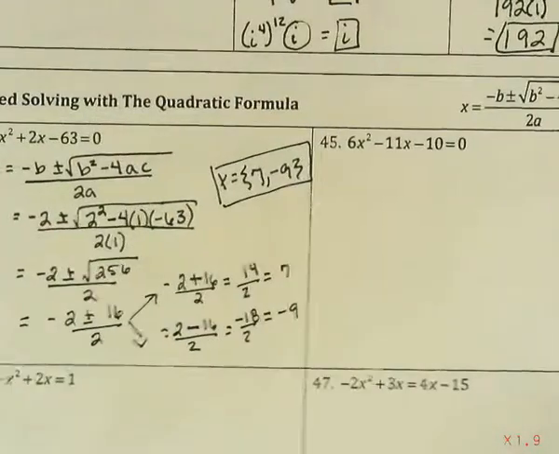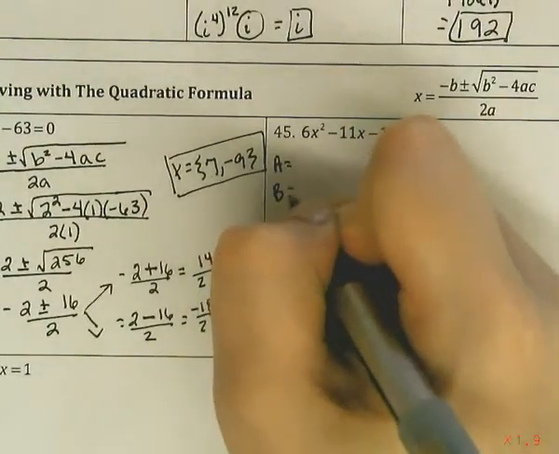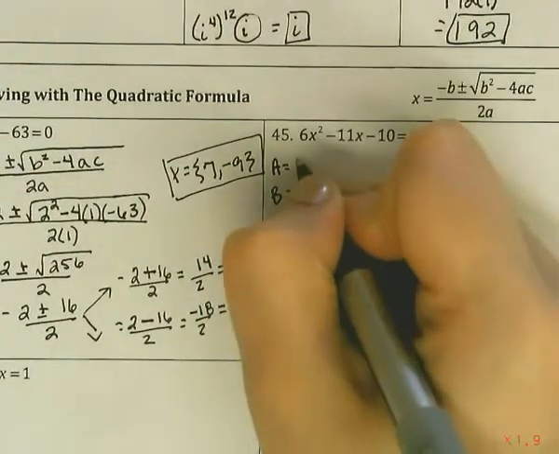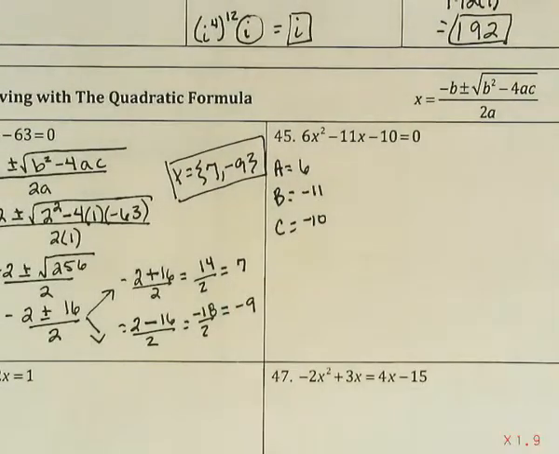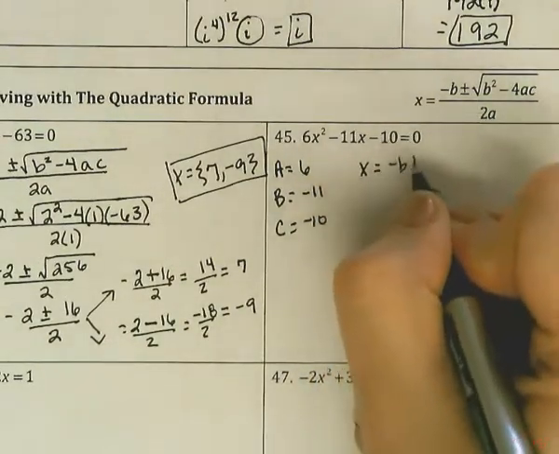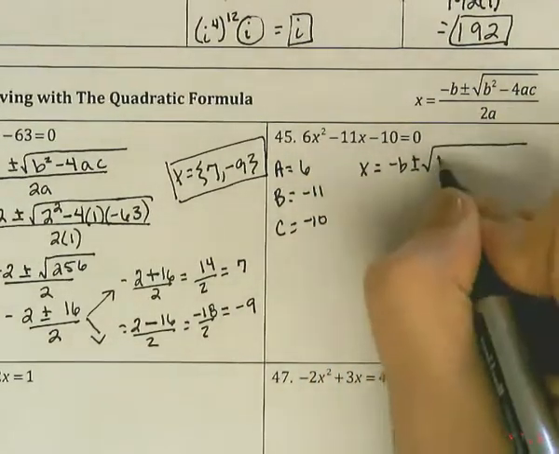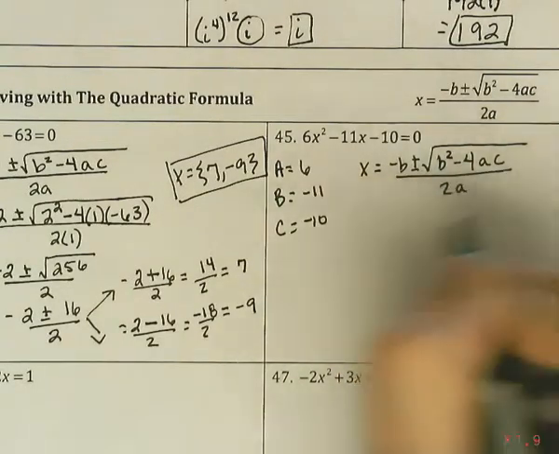Okay, 45, we're going to do the same thing: a, b, and c. A equals, b equals, c equals. A is 6, b is negative 11, c is negative 10. So x equals negative b plus or minus the square root b squared minus 4ac all over 2a.